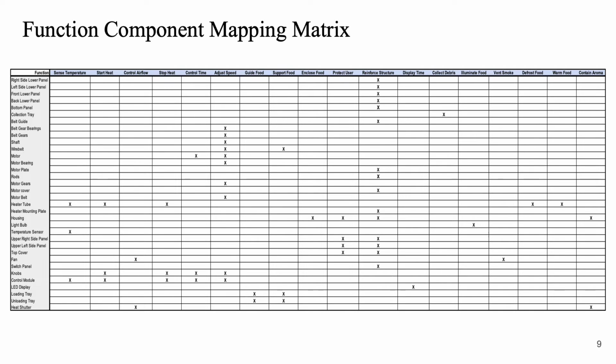Our team mapped our 18 terminal level functives with our 34 parts via the function component mapping matrix. The functive that required the greatest number of parts to fulfill was reinforcing the structure at 16 parts. 2 of our parts tied for fulfilling the greatest number of functives. These parts were the heater tube and control module, each fulfilling 5 functives.